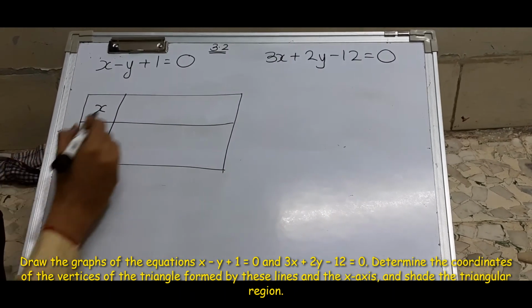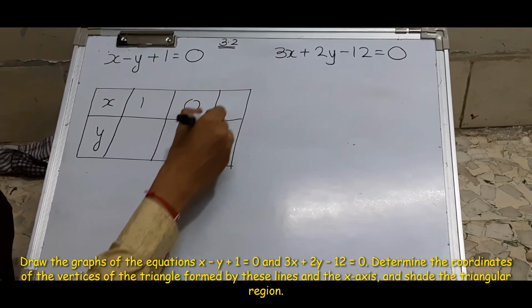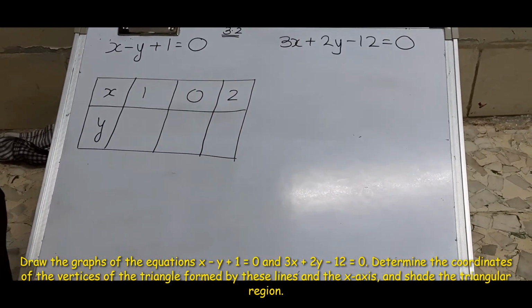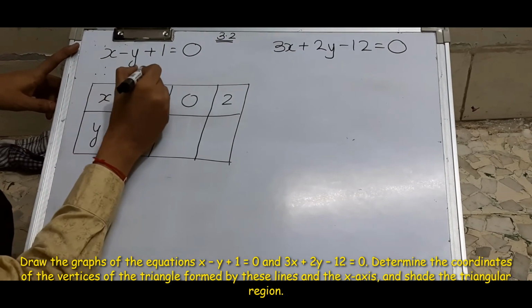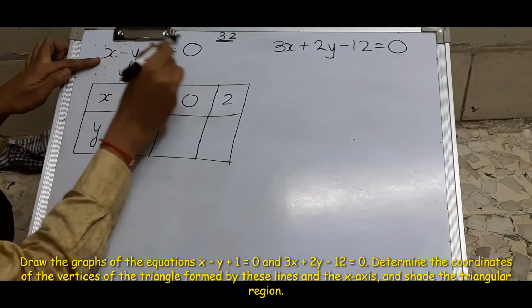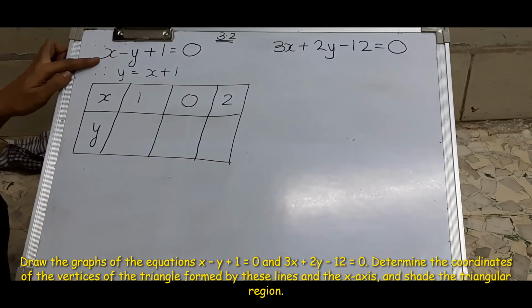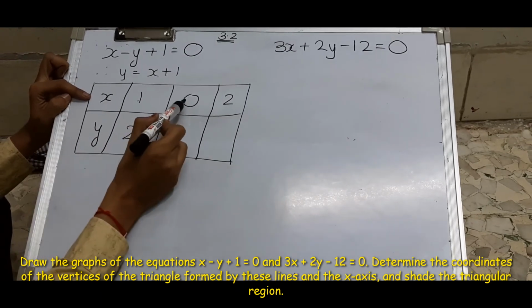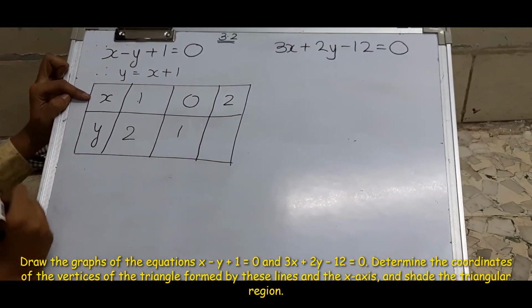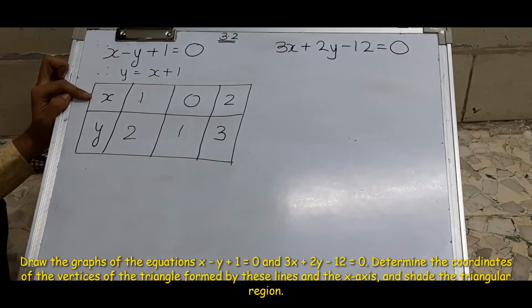So if I take x as 1, if I take x as 0, and if I take x as 2. So what will I get for y over here? What will y be? I am taking y on the right side. So y is equal to x plus 1. If x is 1, how much will y be? 2. If x is 0, how much will y be? 1. x is 2, y will become 3.